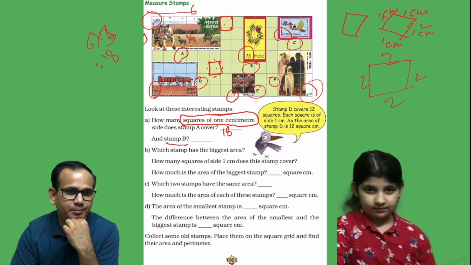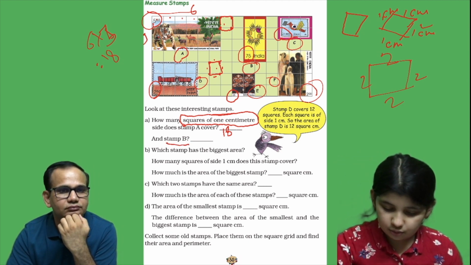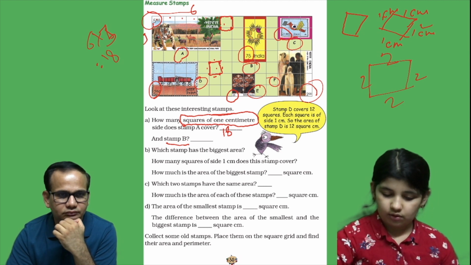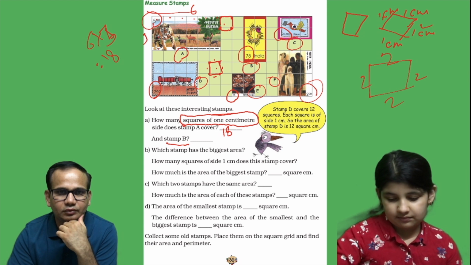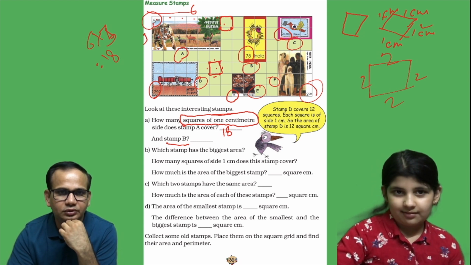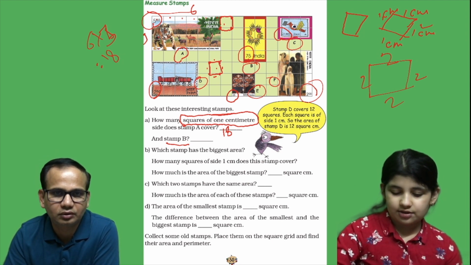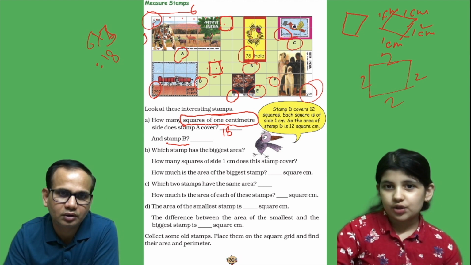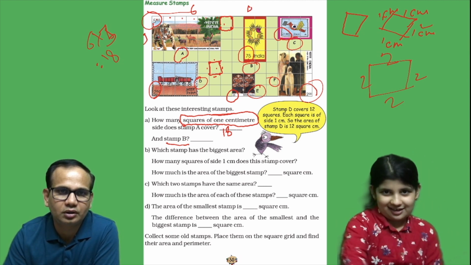And stamp B? 1, 2, 3... 8. Yeah, you counted 8. How did you do it? No, I did not count. Here there is 2 and here 1, 2, 3, 4. So I multiplied 4 by 2, so it became 8. 4 2s are 8.